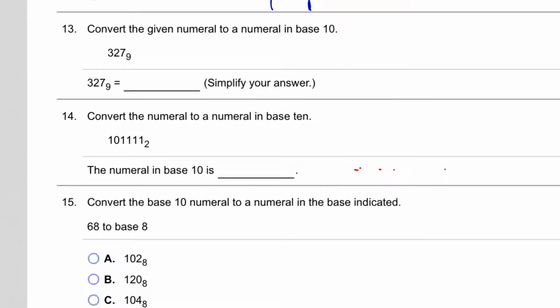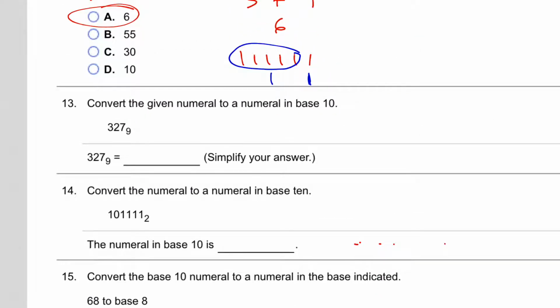Number 13. So base 9. You can just say, hey, this is the 1's place, this is the 9's place, and this is the 9 squared, so that's 81. So we have the third place value worth 9 to the second power, is 81.